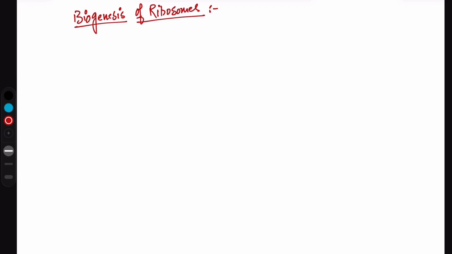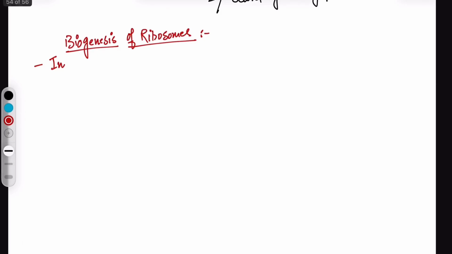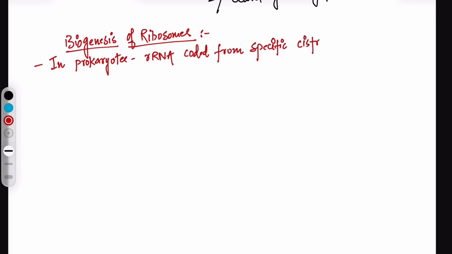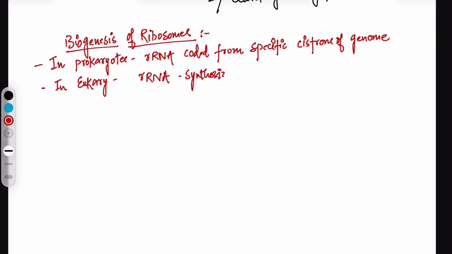Next, we will discuss the origin of ribosomes, also called biogenesis of ribosomes. In prokaryotes and eukaryotes, different origins are mentioned, where in prokaryotes it is said that ribosomal RNA is coded from specific cistrons of the genome, while in eukaryotes rRNA is said to be synthesized inside the nucleolus, which is part of the nucleus.